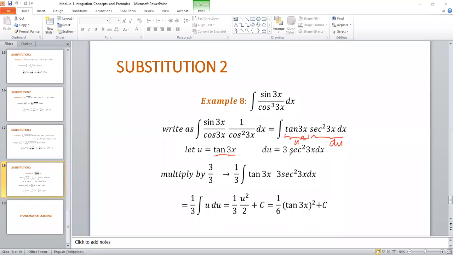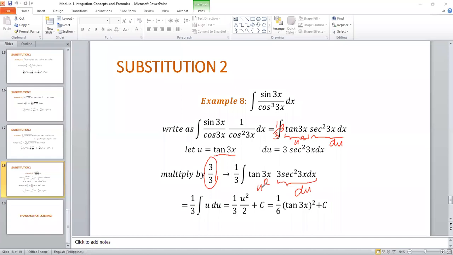You're using already chain rule in differentiation here. So it's 3 secant squared 3x dx. So you lack the 3 here. So that's the reason that you will multiply by 3 and place 1/3 before your integral. So you have here 3 over 3. So 1/3 tangent 3x, this is your u raised to n, and this is your du.